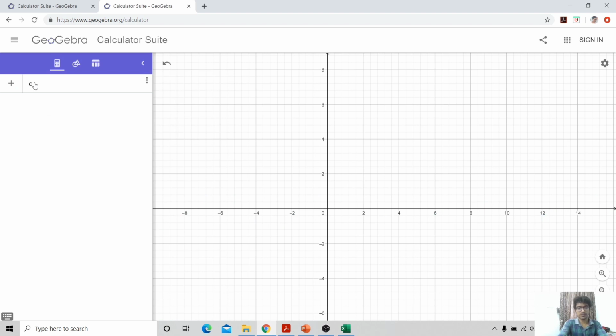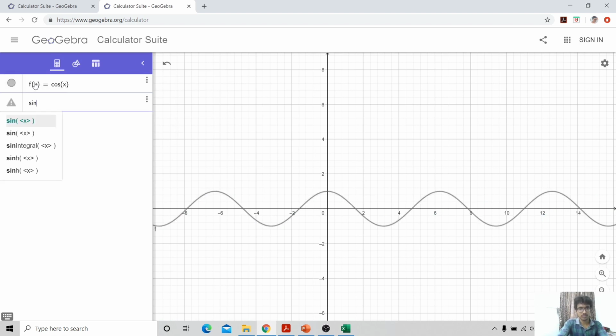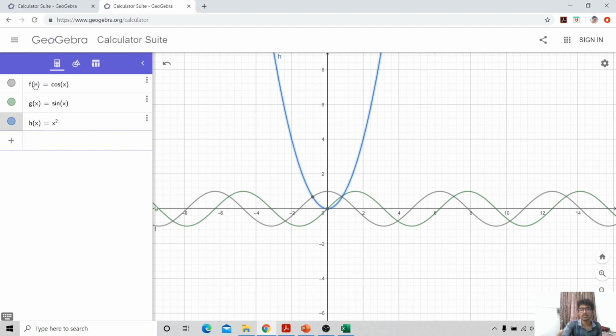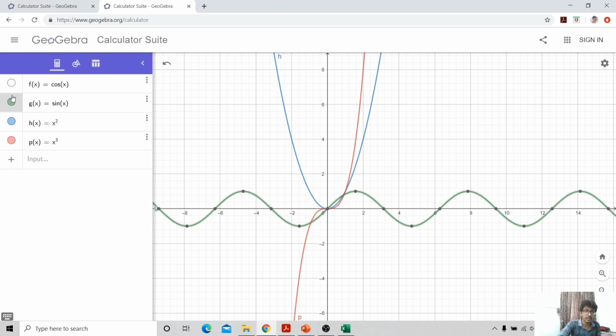We have given cos x as the example of even function and sin x as the example of odd function. Apart from this, do we have any other functions? Yes, any even power of x is an example of even function, and any odd power of x is an example of odd function.